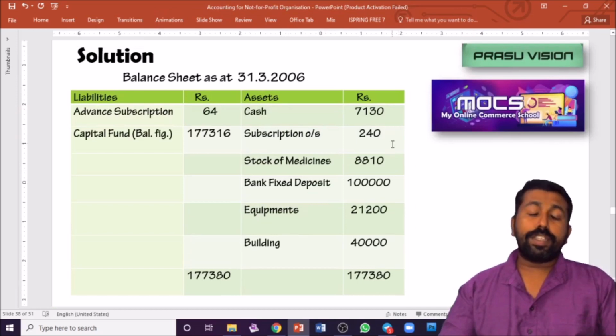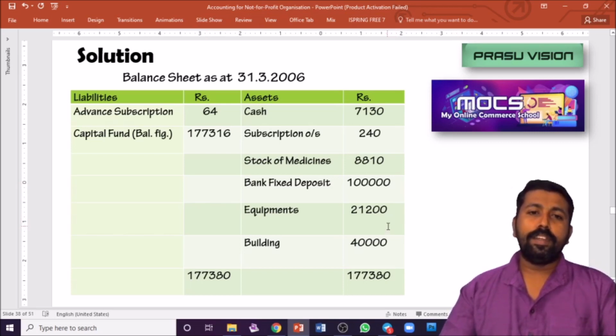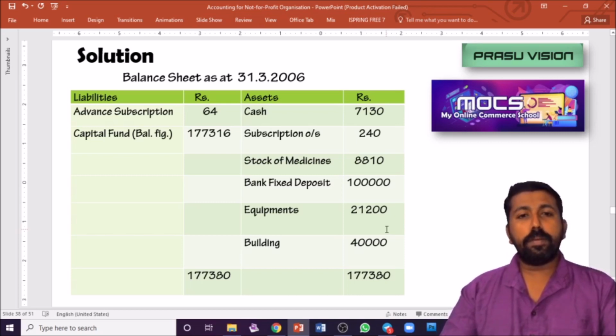The outstanding subscription at the beginning, 240, is there. Subscription received in advance, opening value 64, is there. And the stock of medicine opening value is there in the additional information. Bank deposit we have calculated as 1 lakh. The amount is not actually given in the question, but we have to find out that type of missing item. And remember the calculation we used for finding the amount of bank deposit.